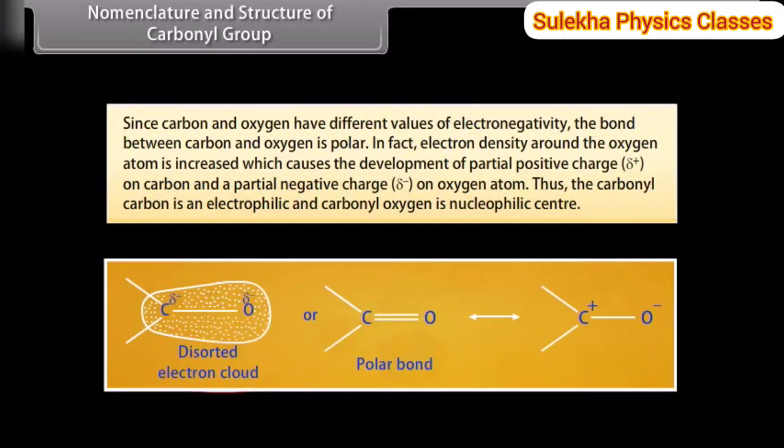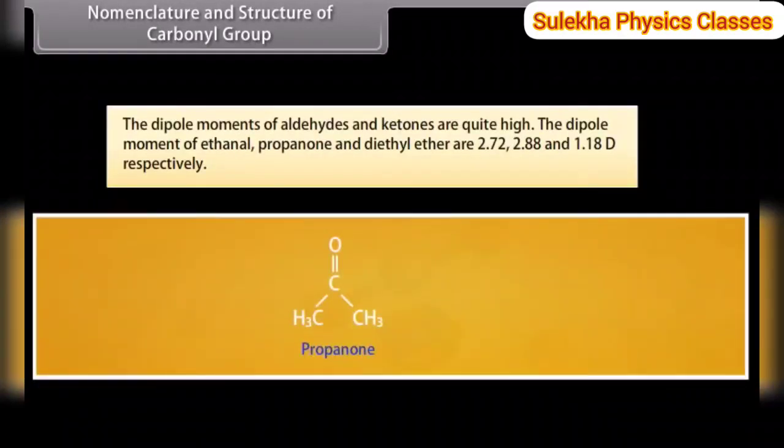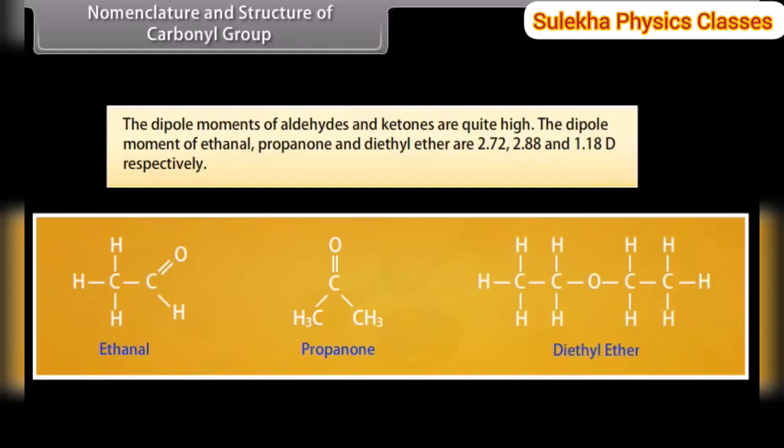Thus, the carbonyl carbon is an electrophilic and carbonyl oxygen is a nucleophilic center. The dipole moments of aldehydes and ketones are quite high. The dipole moment of ethanal, propanal, and diethyl ether are 2.72, 2.88, and 1.18 debye respectively.